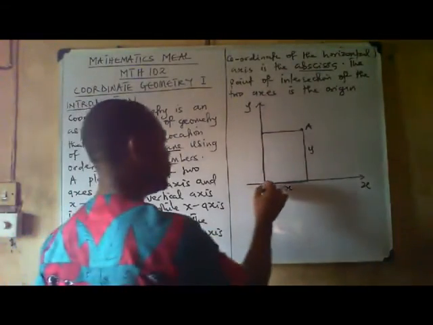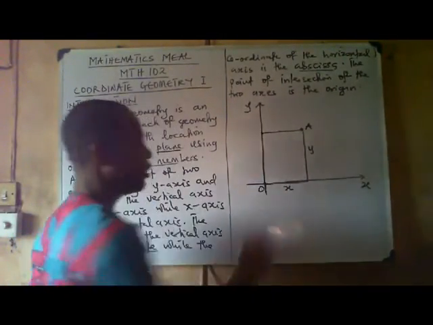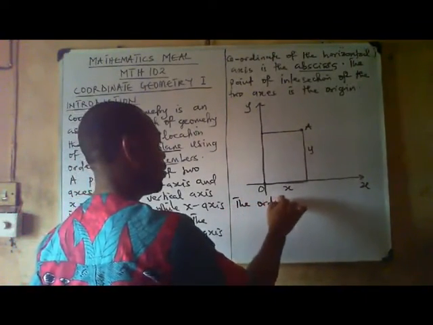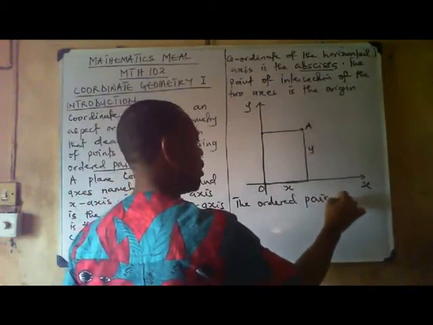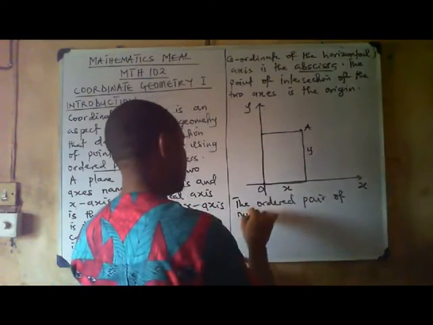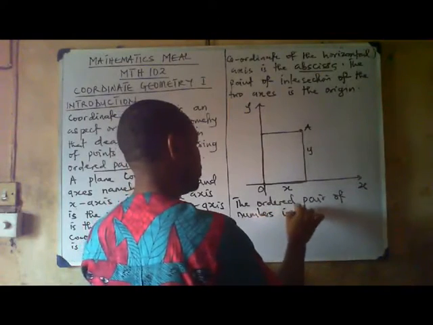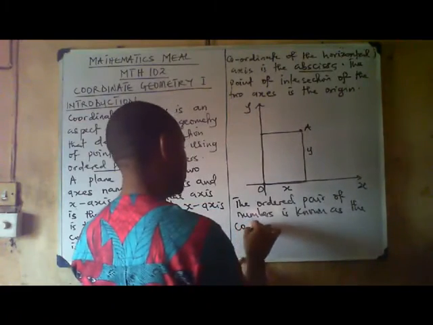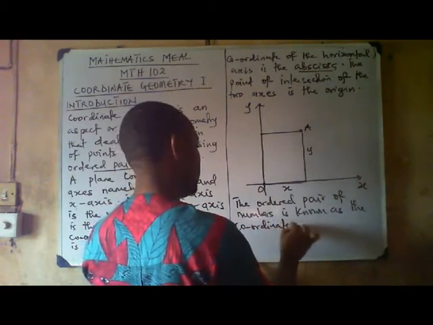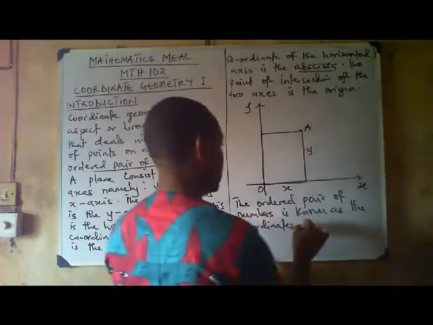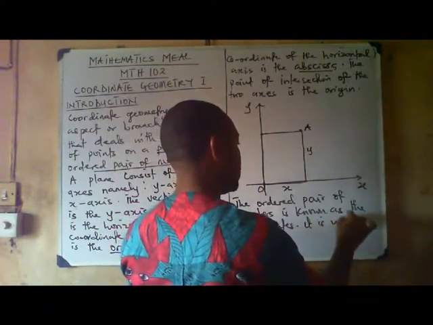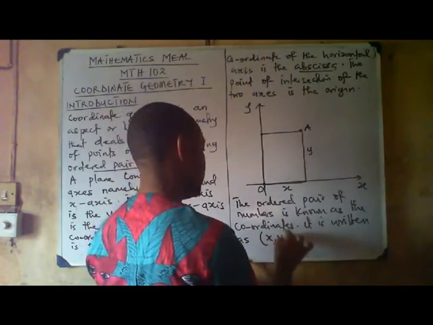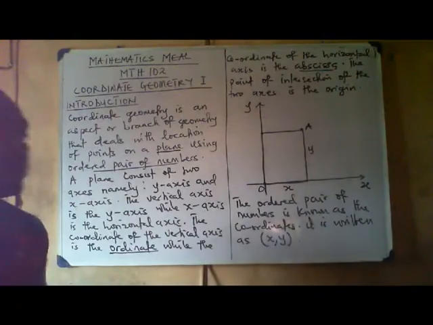So this is the origin. Remember, we said the point of intersection is the origin. So the ordered pair of numbers is known as the coordinates. It is written as the value of x first, followed by the value of y.